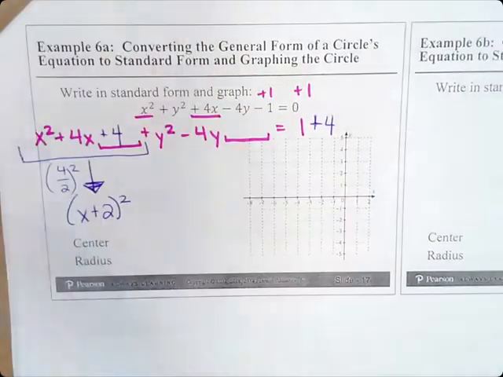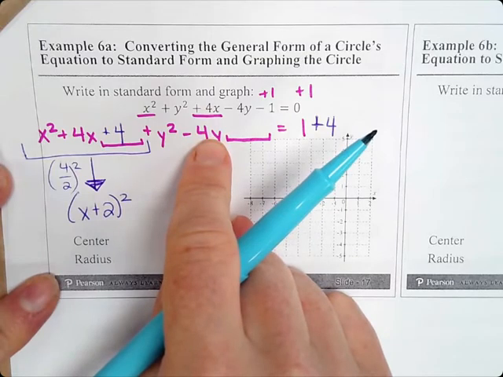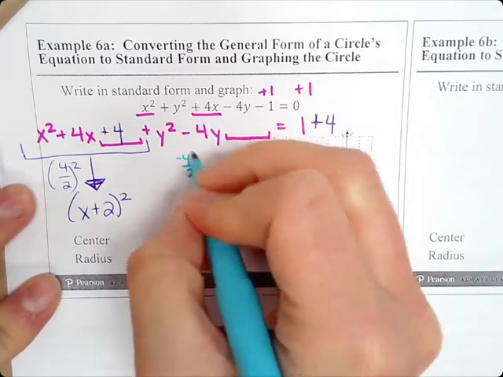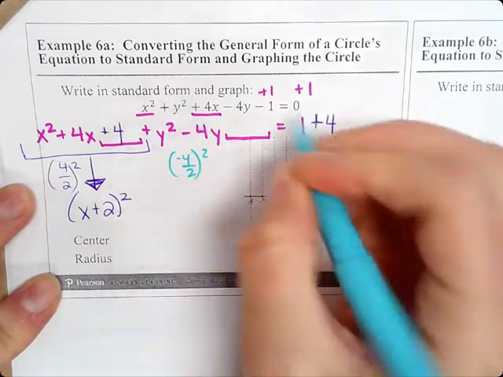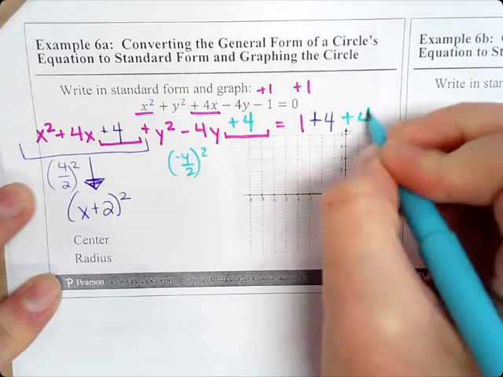Okay, so now I need to do the y's. I'm going to divide this by 2 and square it. Yeah, it's 4 again. So plus 4. So I have to do that over here too.